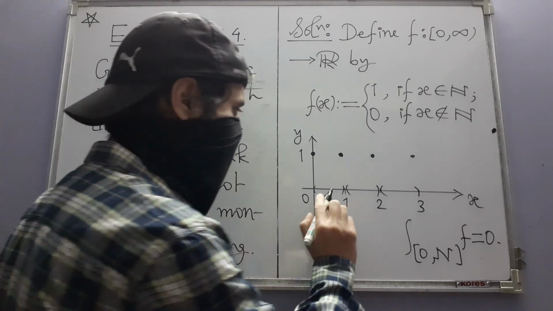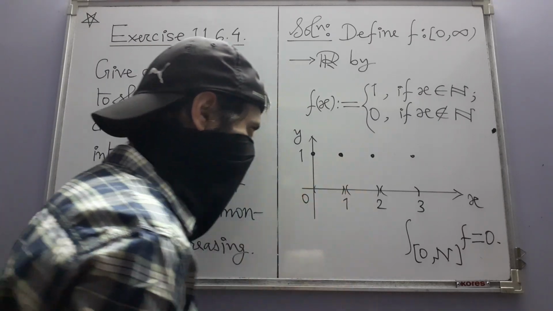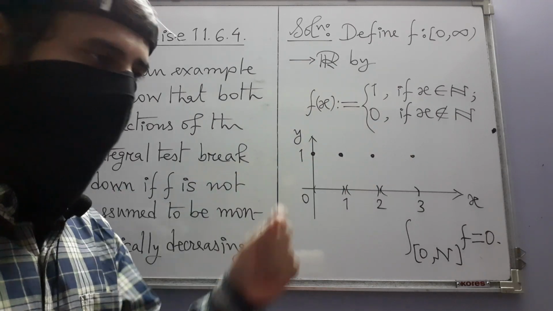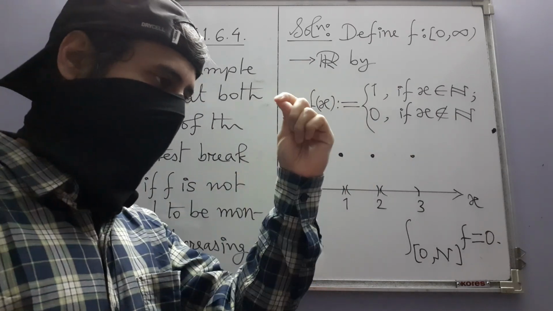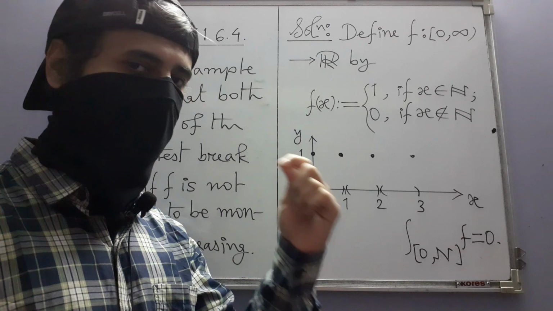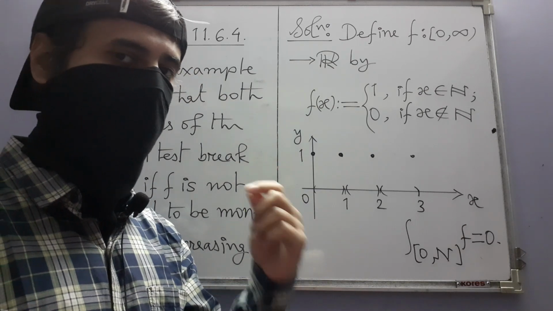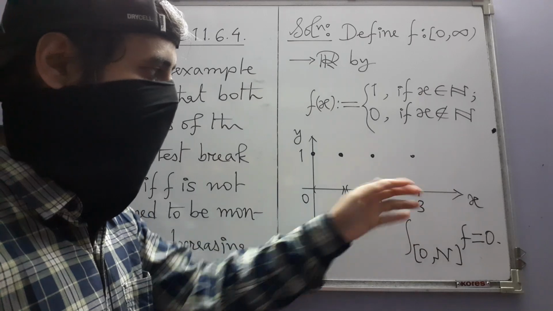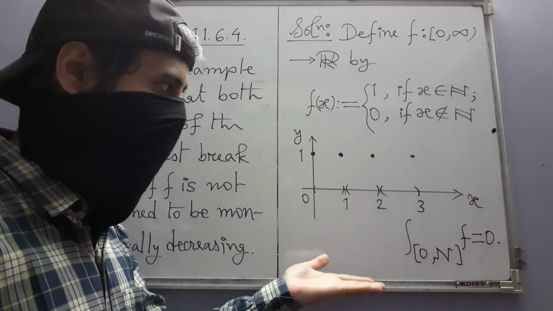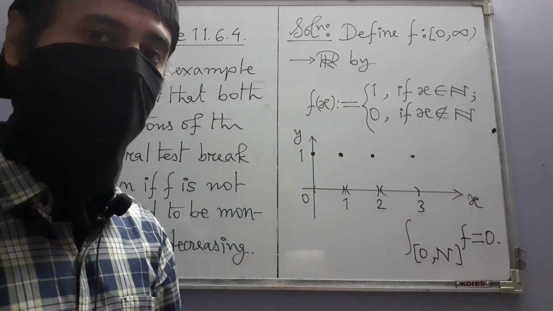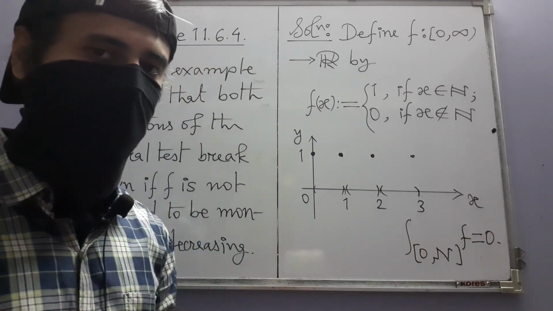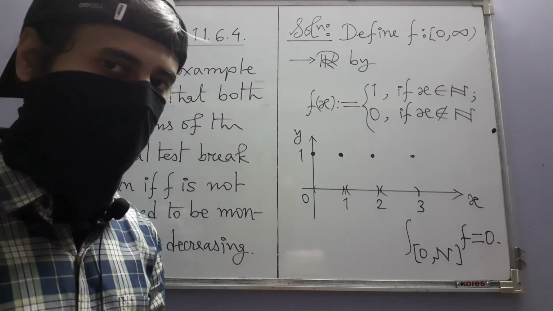There are only some isolated points which appear above the x-axis, but below a single point you just have a line, and that line has length but 0 area. Elsewhere, the function actually doesn't go up at all. That is why we expect that the integral should be 0, and it is 0.